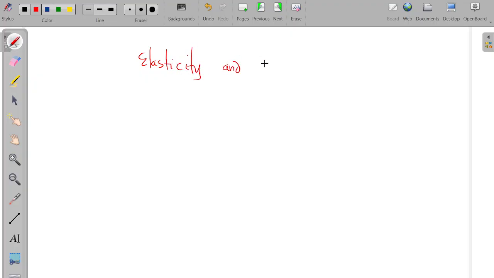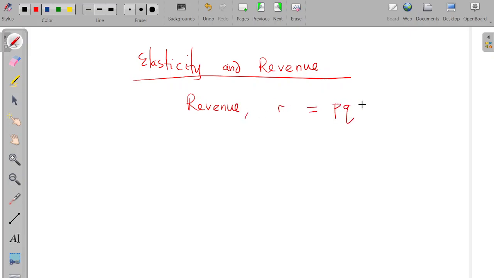Now, we want to see how to link up elasticity and revenue. So we know revenue, which is R, is the same thing as P multiplied by Q. We are using this when we have P as a function of Q. Okay, so that is the revenue.